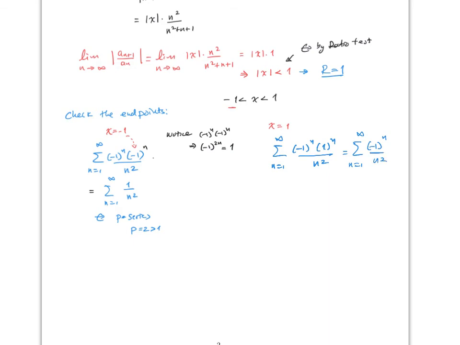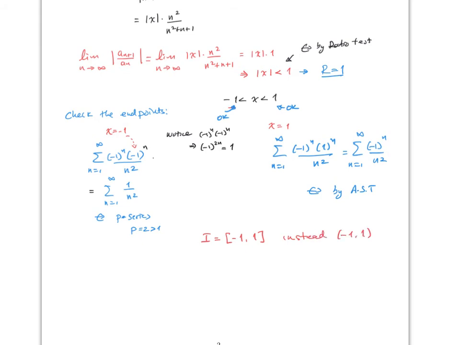This one is also convergent by the alternating series test, okay? Because this one is changing from negative to positive and it's going down. So now we can see that this one is actually okay, the endpoint, and this one is also okay. So therefore, the interval of convergence is going to be from -1 to 1, including both endpoints.